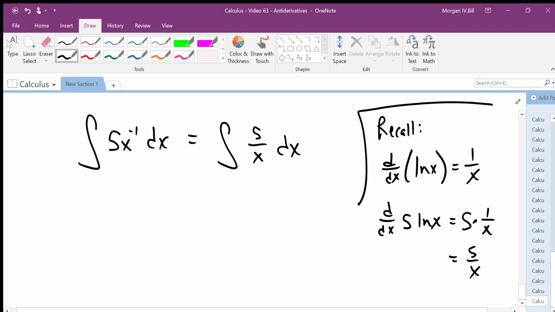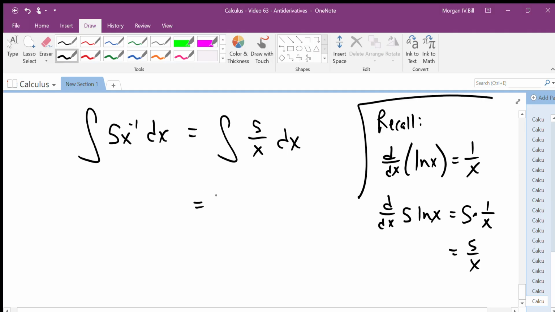So when we do the antiderivative, and it's just an x in the denominator, not an x squared, not a square root of x, but if it's just x, to where we end up with 5x to the -1, the antiderivative here is 5 natural log, and it's actually natural log of the absolute value of x plus c.